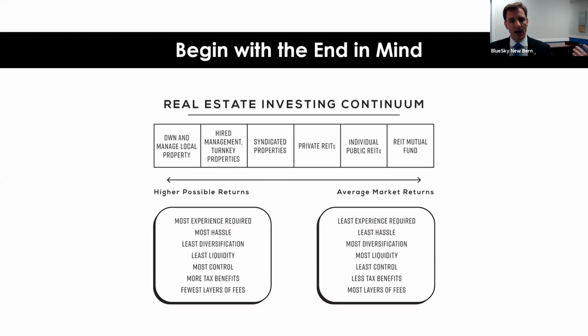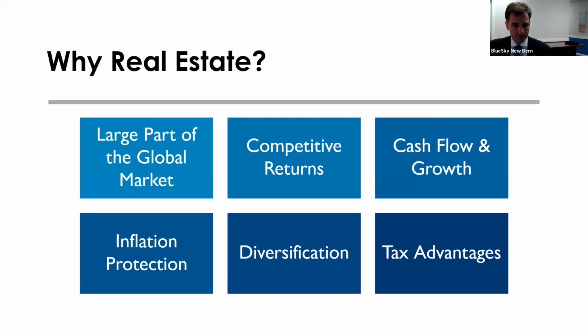When I say left side, that basically means owning and managing your own property. And then all the way on the right side is investing through a REIT mutual fund. And there are all different ways in the middle that you can invest in real estate. But just keep that in mind. Left side is owning individual properties, and all the way to the right is going to be REITs.